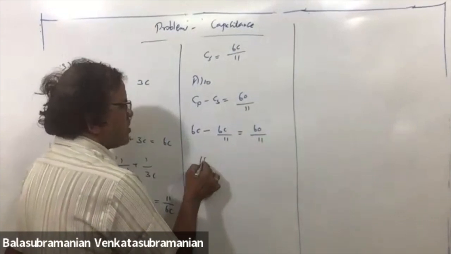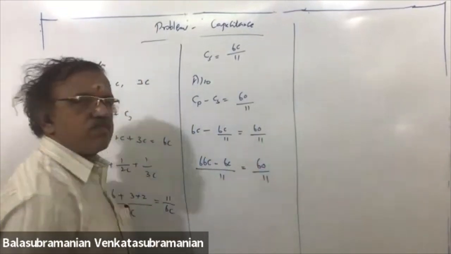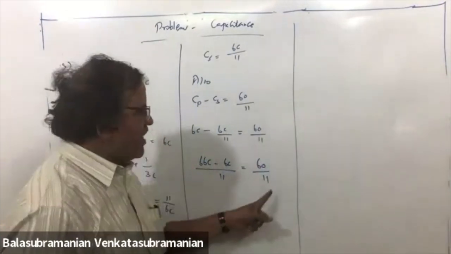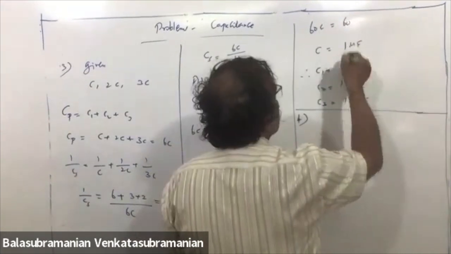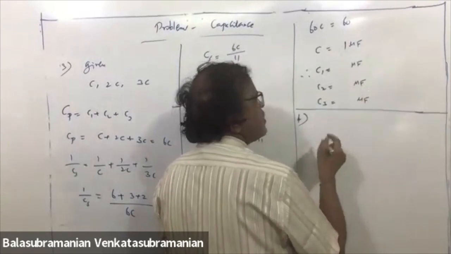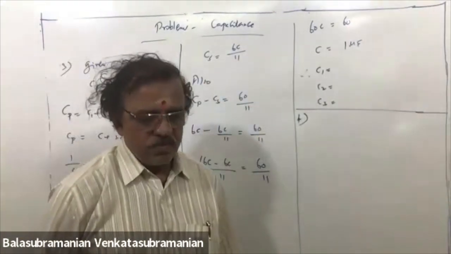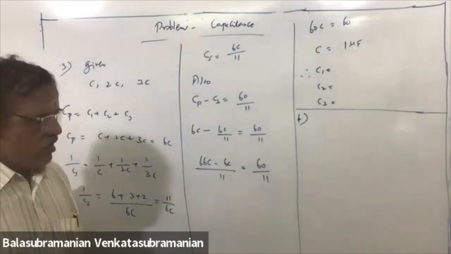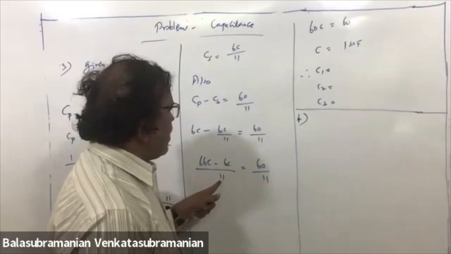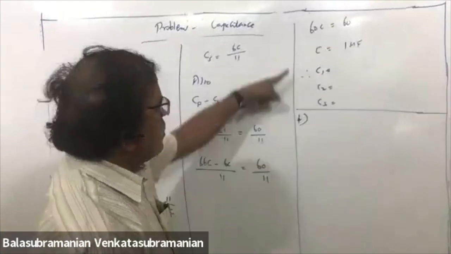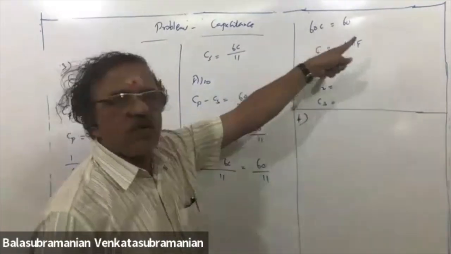Cp is 6C, minus Cs which is 6C by 11, is equal to 60 by 11 microfarad. Cross multiply: 66C minus 6C by 11 is equal to 60 by 11. 11 gets cancelled. 60C is equal to 60.